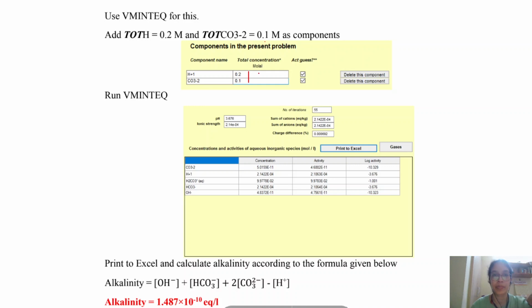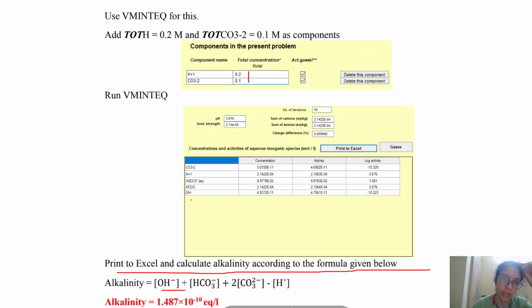You can see here, right? Then we just run it and we will get the pH, ionic strength and everything. The number of iterations we are doing is 55, a reasonable number. So we will print this in Excel and calculate alkalinity according to this formula.